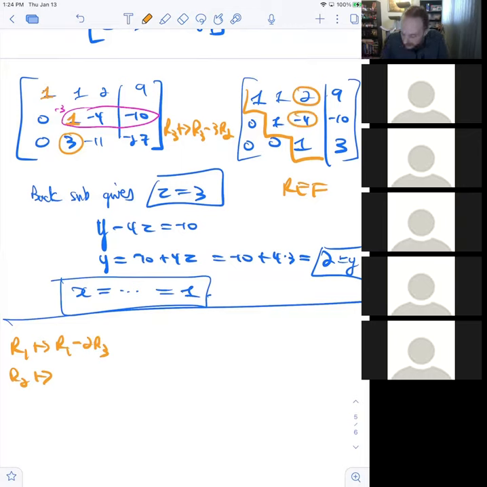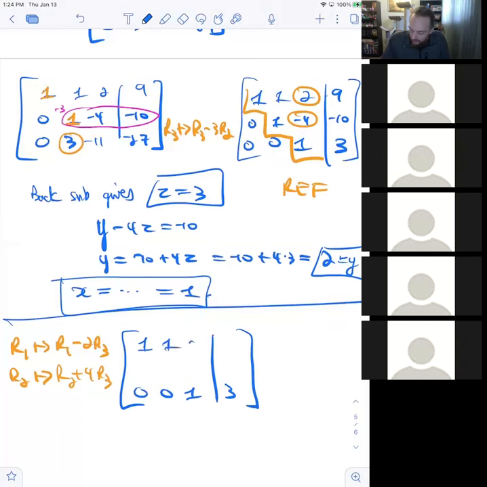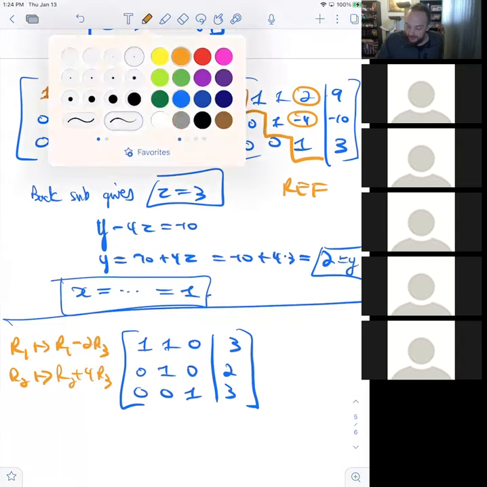So row 2 goes to row 2 plus 4 row 3. So 0, 0, 1, 3. I didn't change that one. And so now what I'm going to get is 1, 1, 0, 3, 0, 1, 0, 2. And then finally, I need to get rid of this entry.